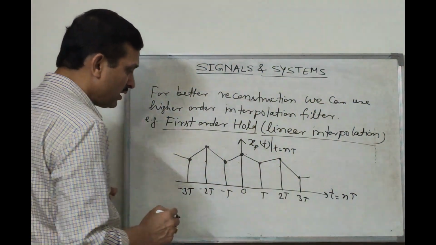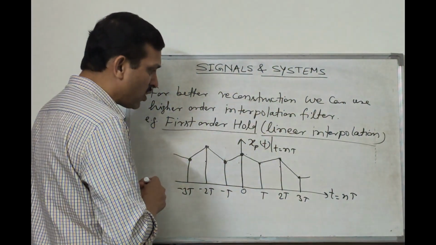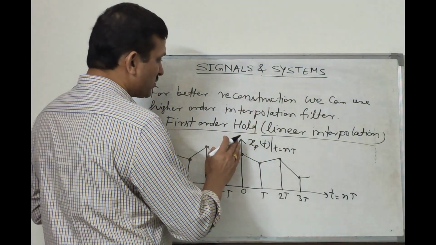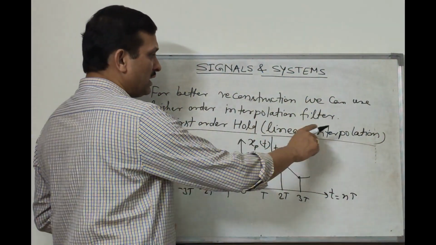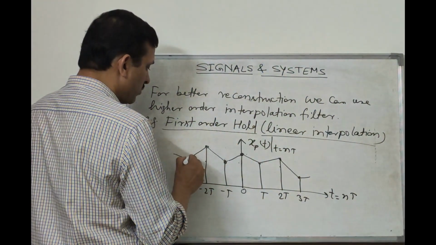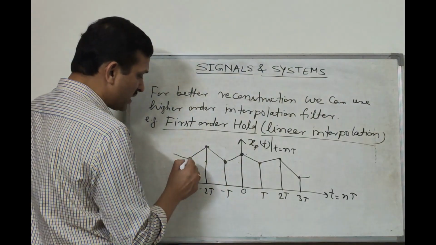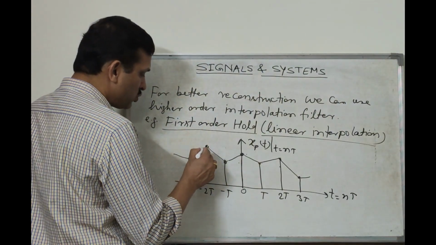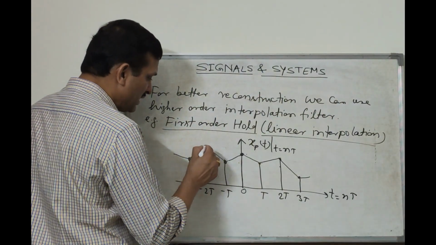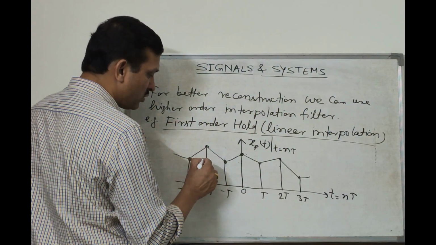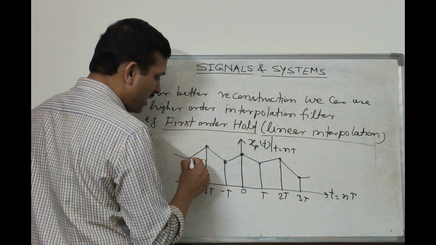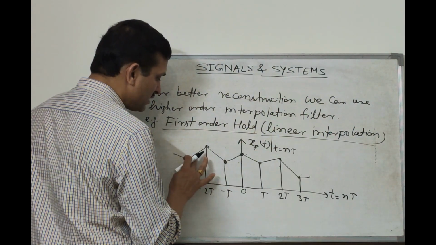If you see its impulse response and frequency response, that is, if x_p(t) is passed through the first order hold, also called linear interpolation, because from any sample instant to the next sample, these two points are connected with a linear equation with a certain slope. The slope is not 0. In zero order hold, the slope was 0, but in this case, the slope is not.